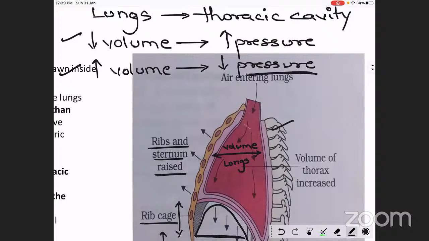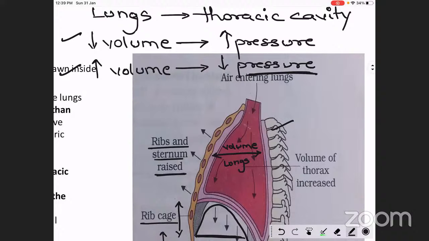Now remember, pressure has decreased, but in comparison to what? In comparison with the atmospheric pressure. Why? Because we need the air to come inside our lungs from the atmosphere. So we are decreasing the pressure slightly as compared to atmospheric pressure.